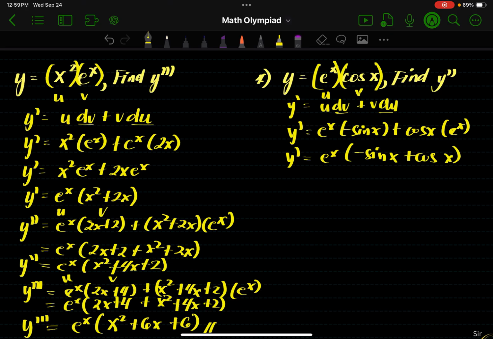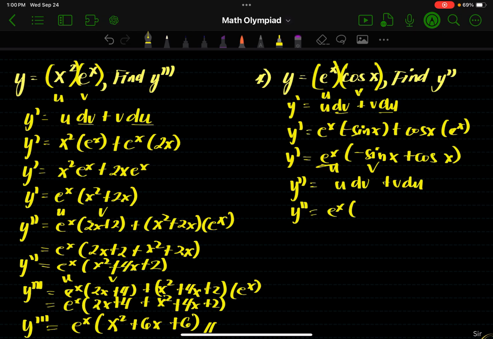Next, find the second derivative. Let's apply again the u dv plus v du. Our u function will be the e raised to x, and the second function, negative sine x plus cosine x, will be our v. Copy u, e raised to x.